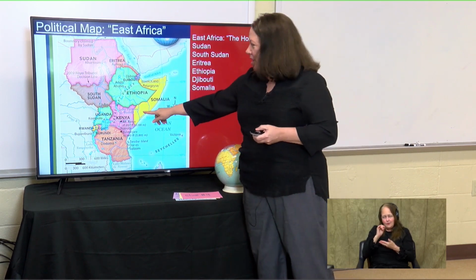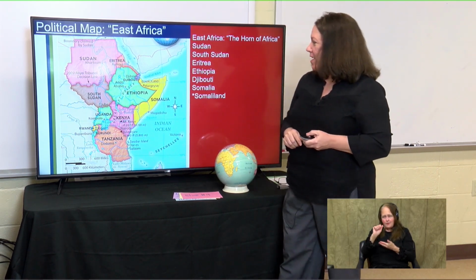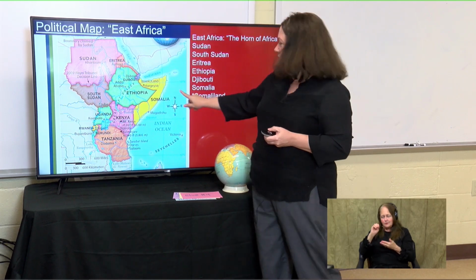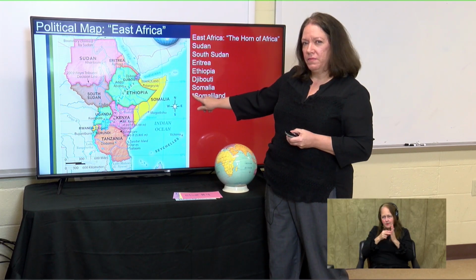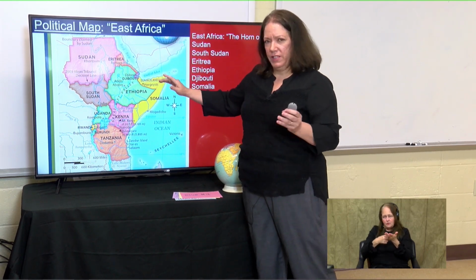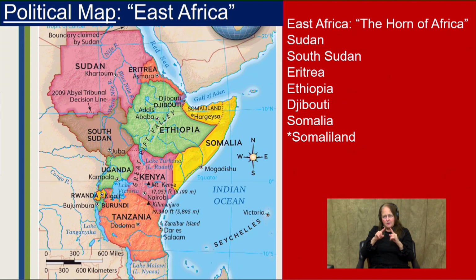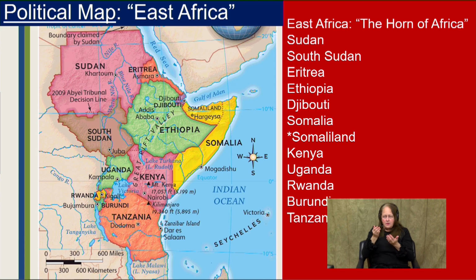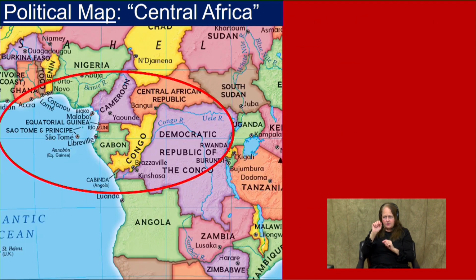Then we've got Somalia, the Horn of Africa there, and Somaliland. Remember I said the asterisk means what? It's a disputed territory. So Somaliland would like to think of itself as independent, but Somalia claims it. Next to that we have Kenya, Uganda, here next to Lake Victoria, Rwanda, Burundi, two small nations here, and finally Tanzania. So that's East Africa.